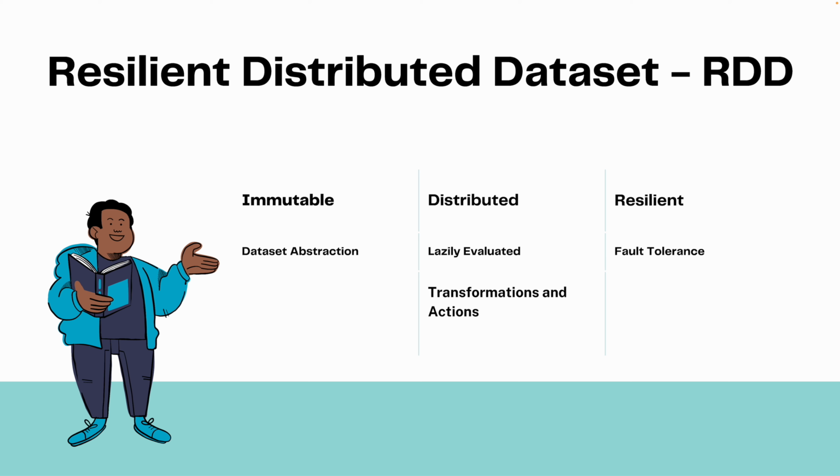Certain operations transform an RDD to a new RDD, and then if you want to collect or execute something on that transformation, it is called an action, which is another operation. In a nutshell, transformations and actions are another key concept in Apache Spark, which we'll cover in just a few minutes. So this is what lazy evaluation means in Spark.